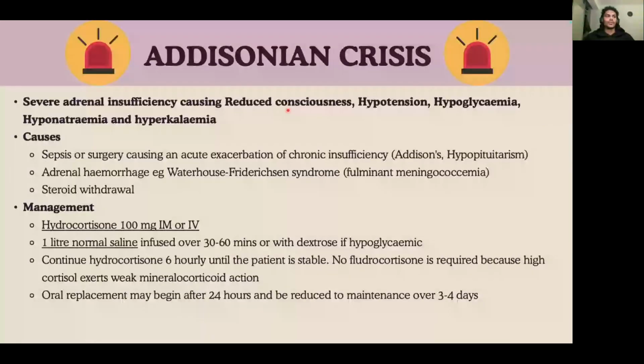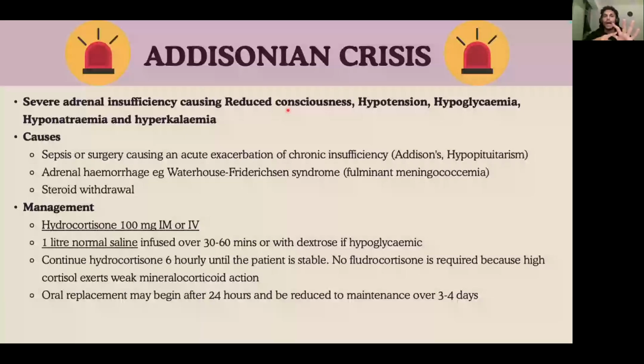It's an Addisonian crisis, right? This is a severe form of adrenal insufficiency, which is exacerbated usually due to a precipitating factor, usually an infection. With severe adrenal insufficiency, patients can come in with refractory hypotension. Very important to remember: hyponatremic, hyperkalemic.